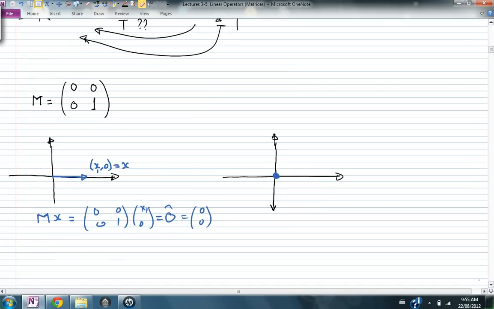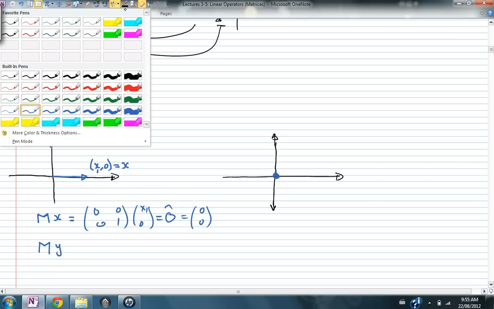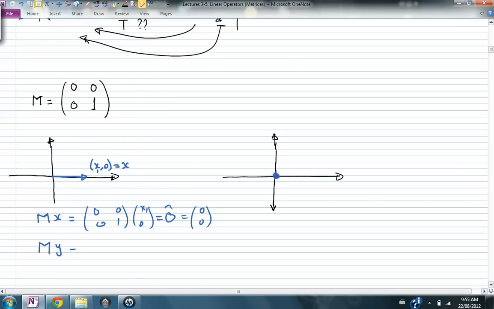Okay, what will happen if I multiply M by y? Let's pick y to be 0, y1.